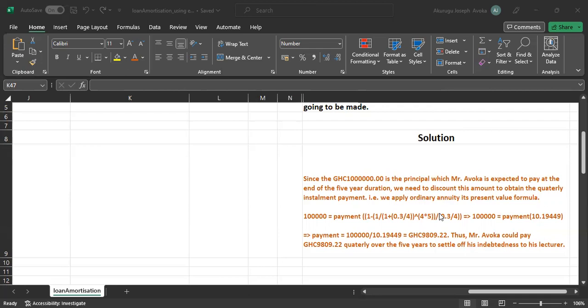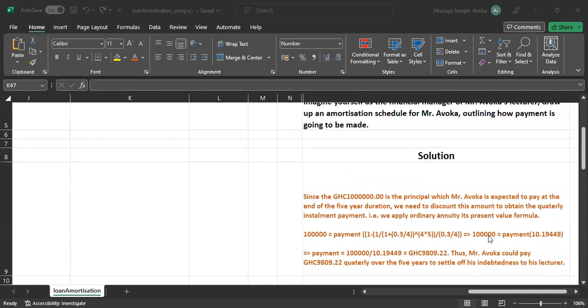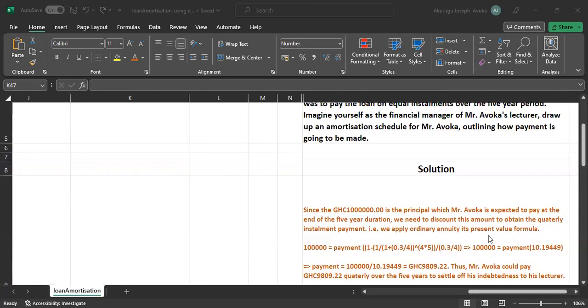In this case, the 100,000 Ghana cedis is a present value, which would have been discounted from a future value.